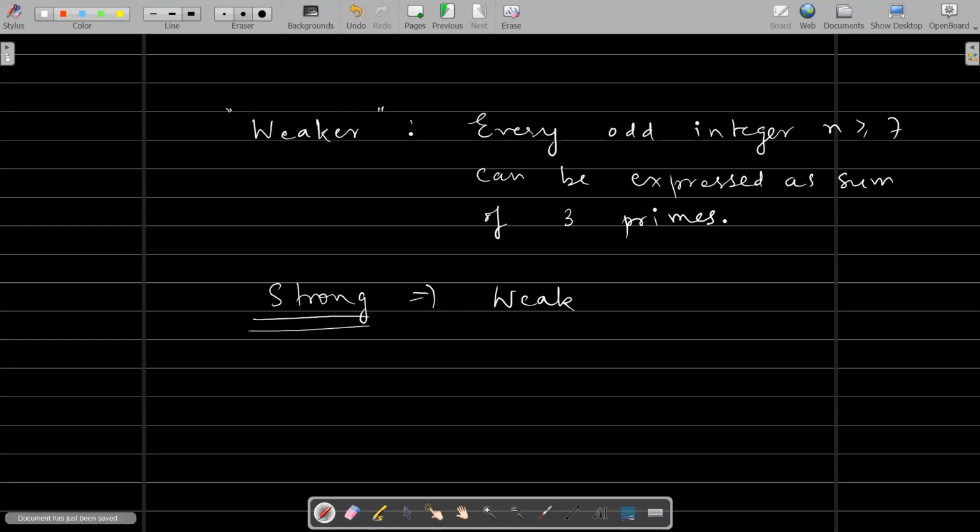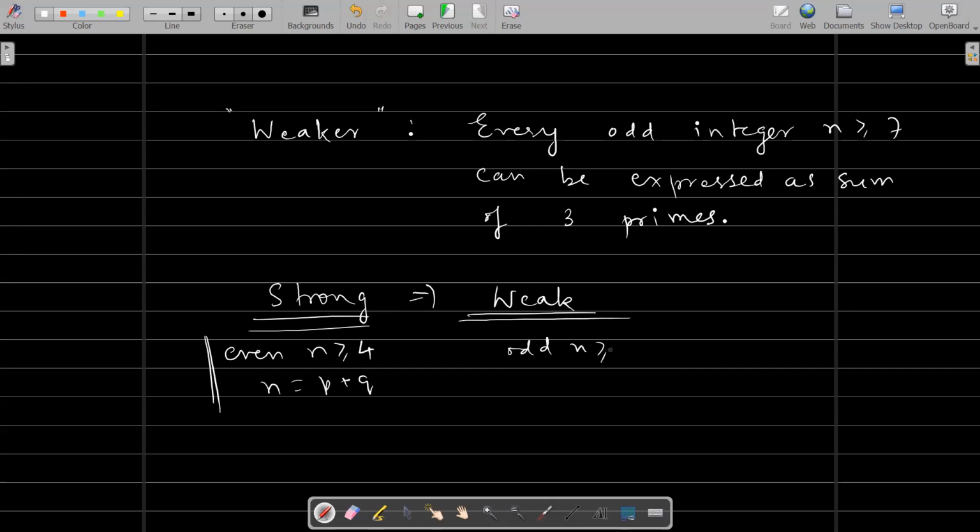What I have is this result: every even n greater than 4, I can express as a sum of two primes. So I assume this, and what I have to prove is that every odd n greater than 7, I can express as a sum of three primes.